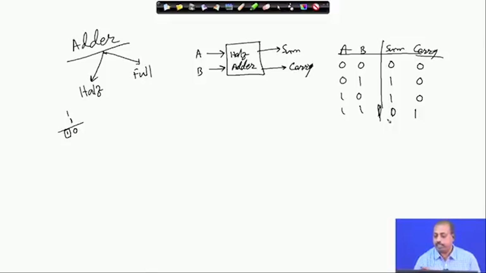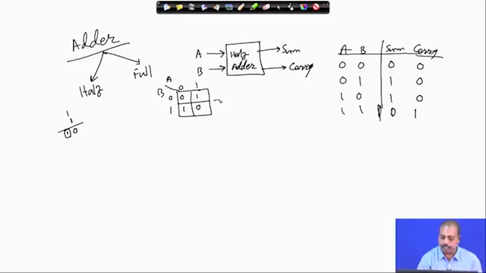If you represent the sum part in the form of a Karnaugh map with A and B, for 0 1 and 1 0 the output is 1. So, these two are 1 and these two are 0, and you cannot group these ones in any way.